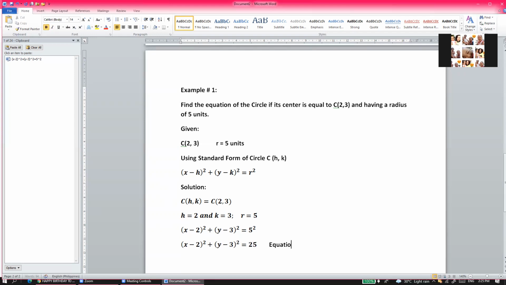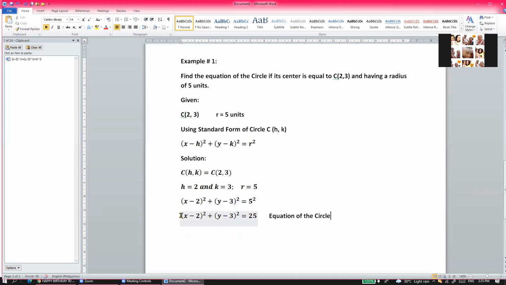This is already the equation of the circle. But the problem is, kahit tama na yung sagot mo, yan ang nahanap mong equation ng circle, if you are having an exam, multiple choice type, kahit tama ang sagot mo, wala yan sa choice. Hindi yan ang makikita mo sa pinagpipilian sa exam.